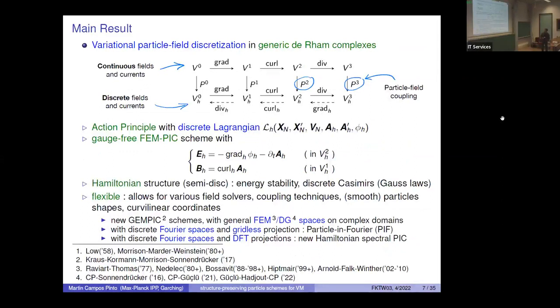So the main result is the following. We can construct general particle field discretizations. So I should specify semi-discretizations. Here the discretizations that I'm describing are essentially in space. Particles are discretizing in space the Vlasov equation, and this generalized finite element is a space discretization of the Maxwell equations.